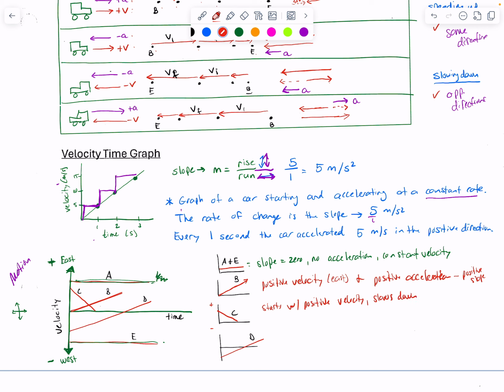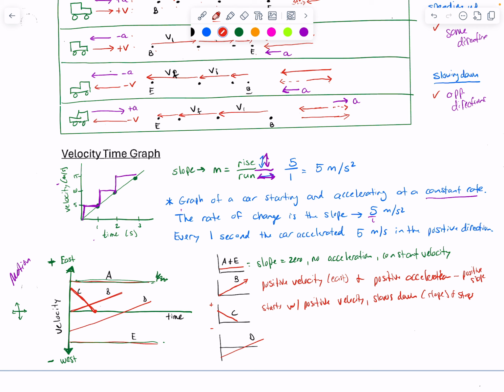That's because of the slope that we see there being negative, and it eventually stops. The reason we say it stops is because it gets to this point here, between the east and west, where the line just ends. So it eventually just stops there for whatever reason. That's the end of its motion. So it starts positive, it's slowing down, and then it stops.